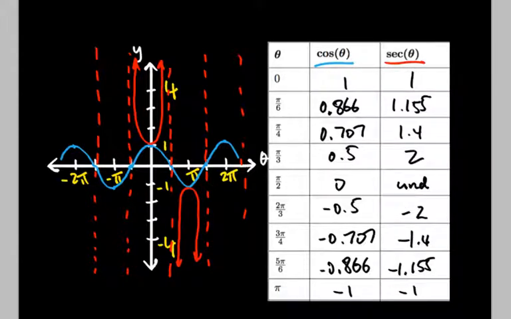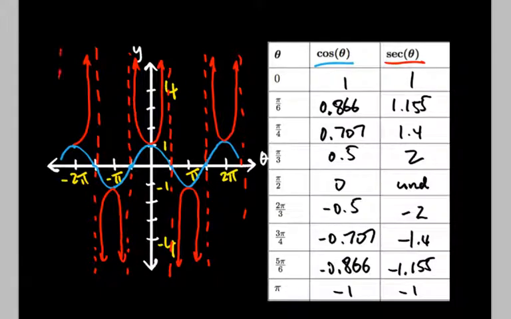So secant is just going to start going toward the asymptotes, and then start at those exact same 1 values. And then that's what that's going to look like.